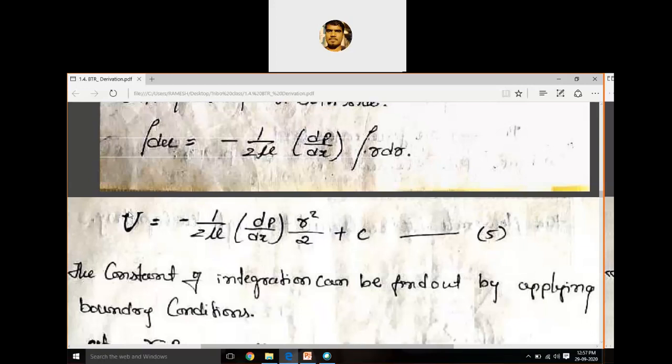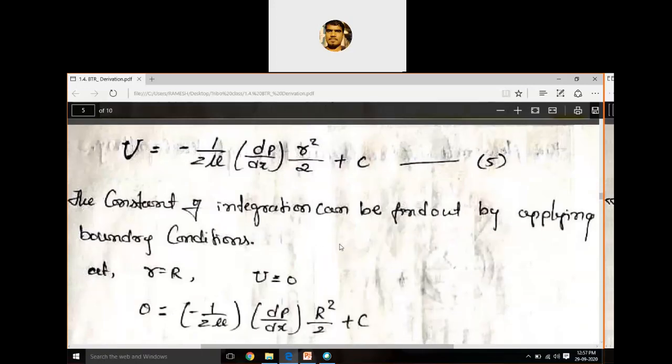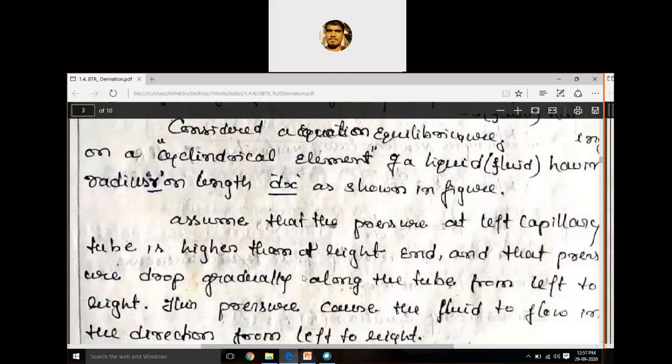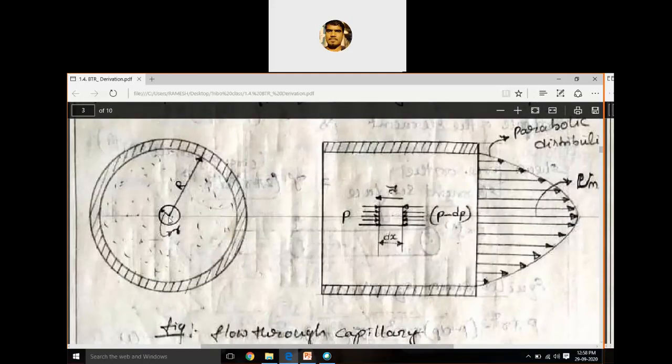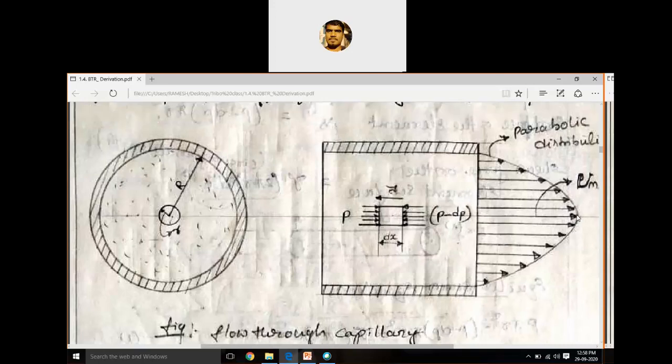When the velocity is maximum, when the velocity is minimum. The boundary conditions are, where small r is equal to 0, velocity is maximum, u max. When small r is capital R, velocity is 0. These two are the boundary conditions.